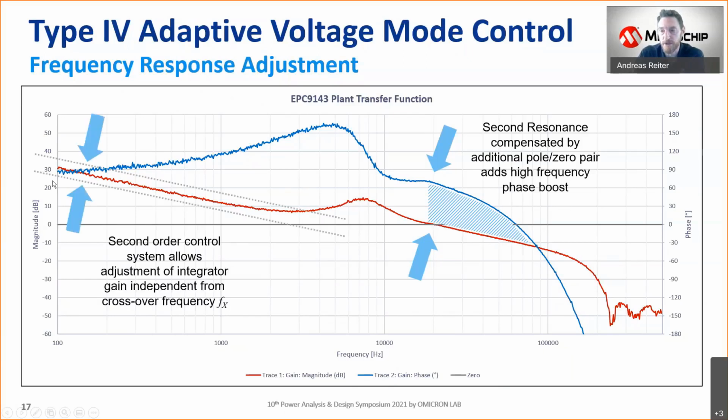The second thing is that now we have a second order system. So the crossover frequency is not necessarily connected to our integrator gain. So we have the capability to adjust the pole at the origin, and by repositioning one of the zeros, we can then increase or decrease the integrator gain while keeping the crossover frequency constant.